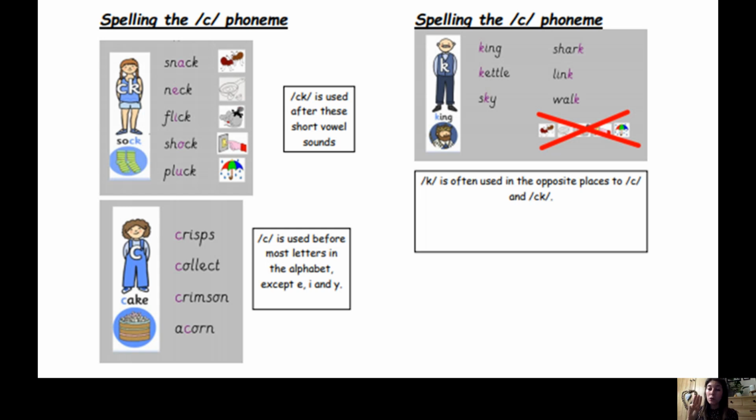He also comes before three letters. Those are the letters that Toddler C misses out. E, I, and Y. So let's move on and try and remember and use some of these rules to help us think about some of the spelling choices I've made on the next pages. You might want to have this in front of you, like I suggested earlier, just to refer to whilst we're moving through the video.